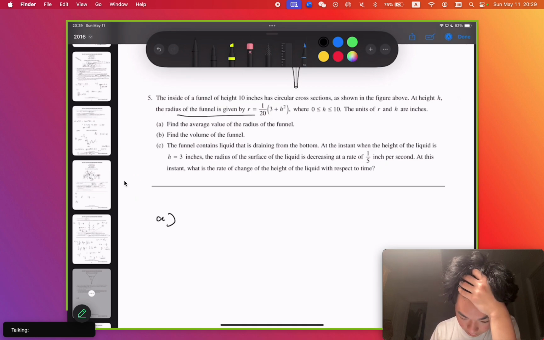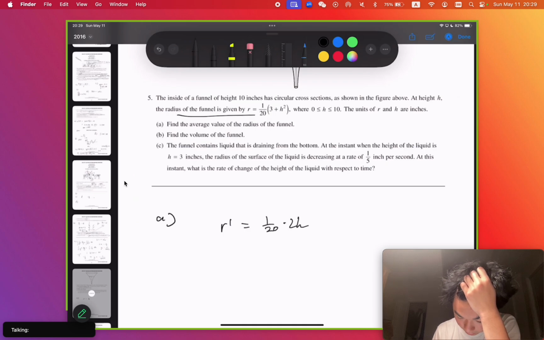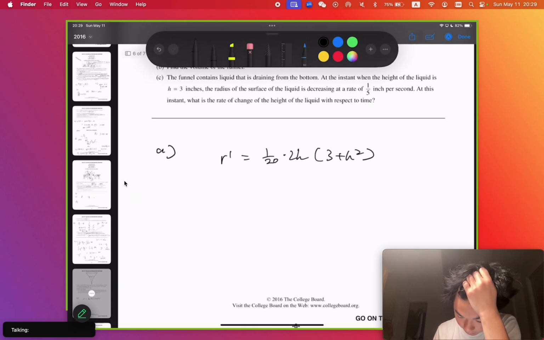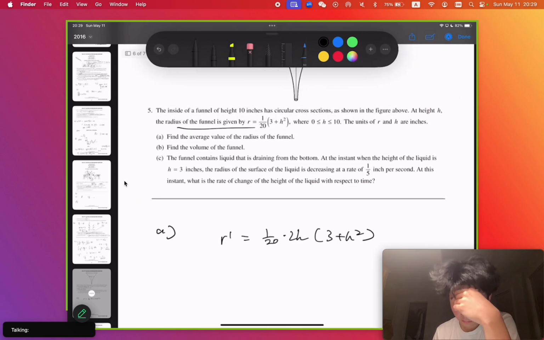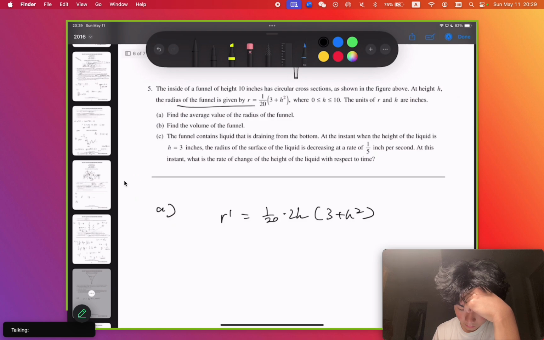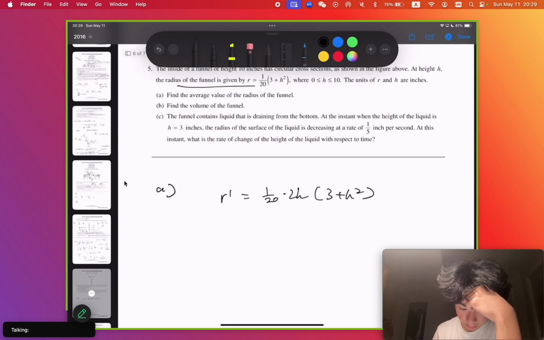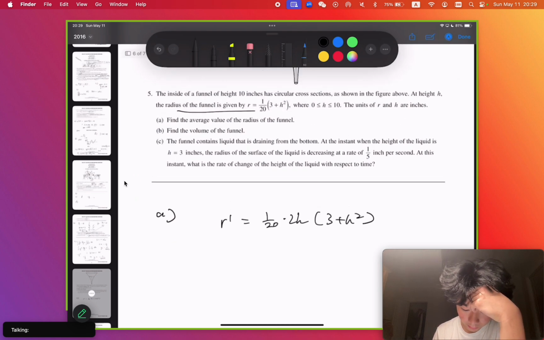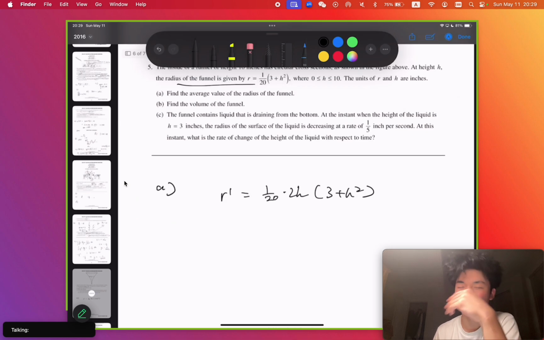I think we should take the derivative first of all. Take the derivative is this, and then oh yeah, the integral of the derivative is the total value, and if you divide it by 10 is the average value.